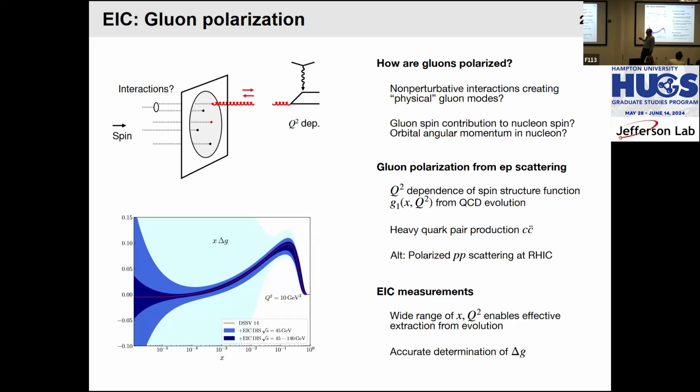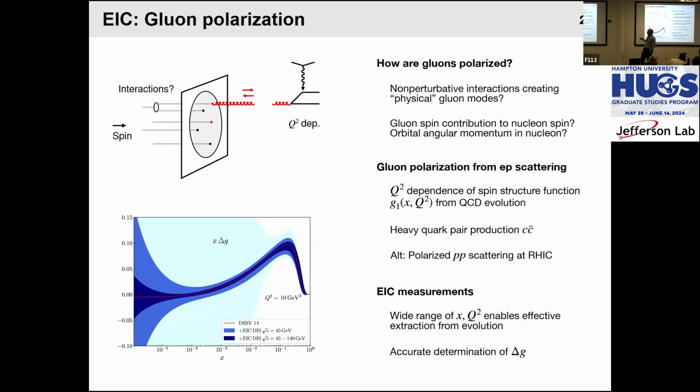And actually, one can show directly that the gluon sensitivity of the inclusive cross section is directly related to the Q-square dependence of that cross section. So this gives us a handle to extract the gluon density by following the Q-square evolution of the inclusive cross section.